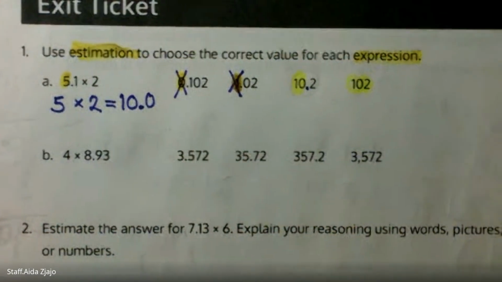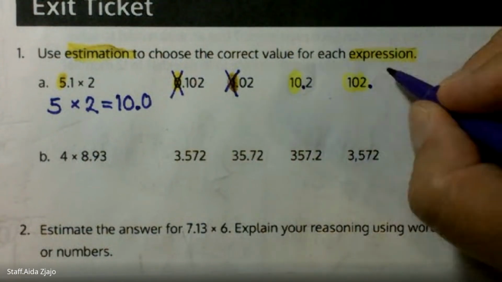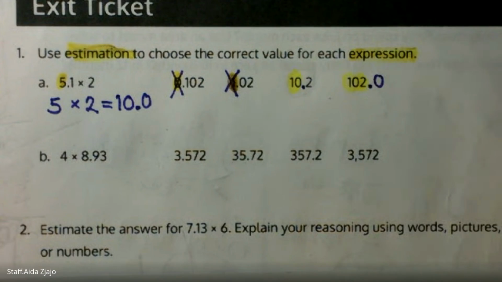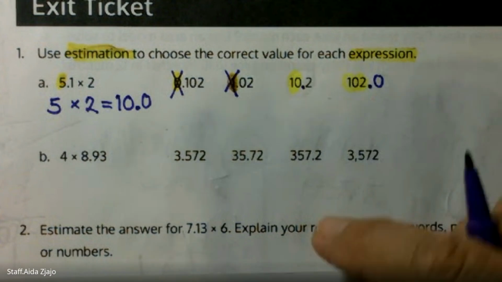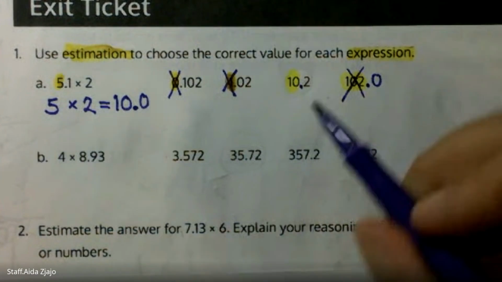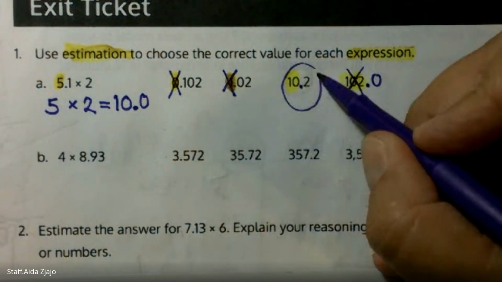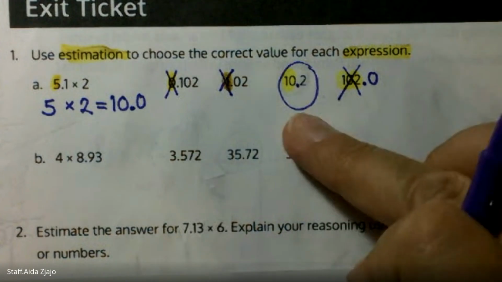So 102 needs a decimal right here. If I have only $102 and 0 dimes, 0 pennies, I put the decimal there. So now you can see this is also not working. So my solution is about 10.2, which is the correct answer.